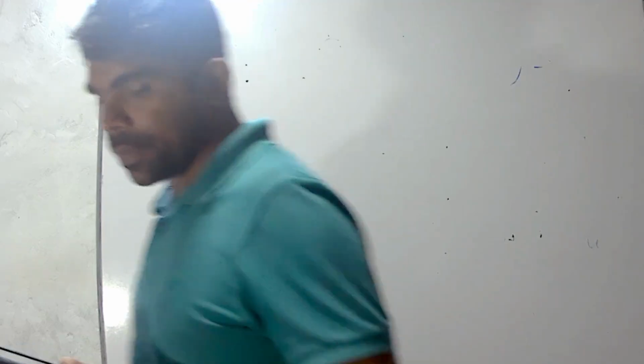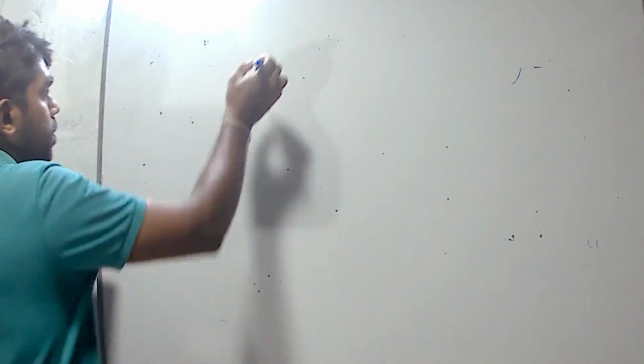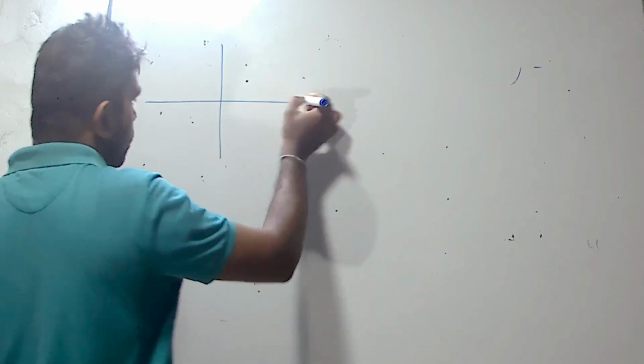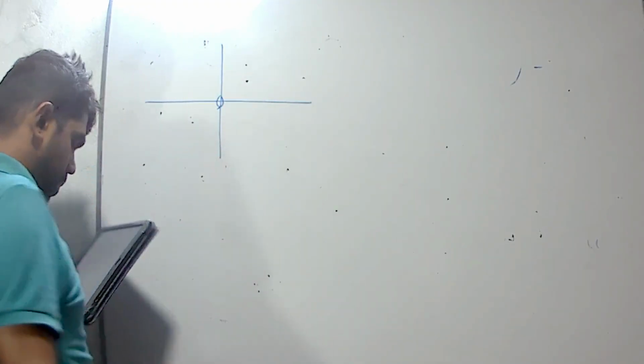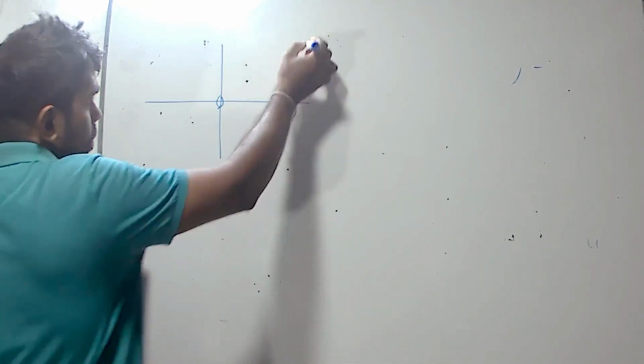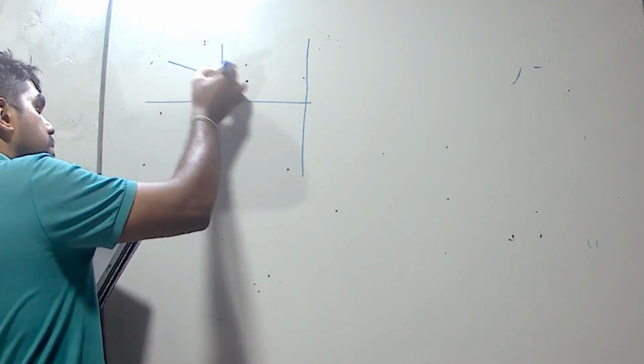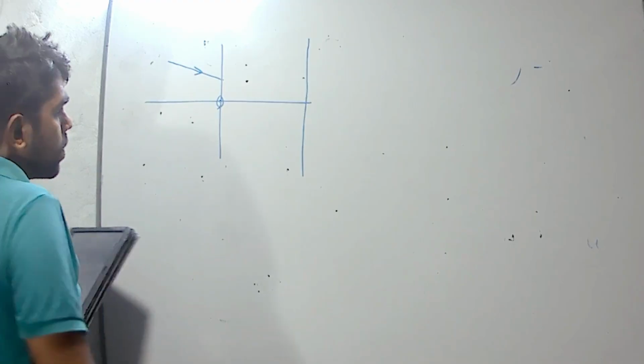Then finding the path of light ray, we have to use the light ray passing through the pole, this point, and which is parallel to the given light ray.